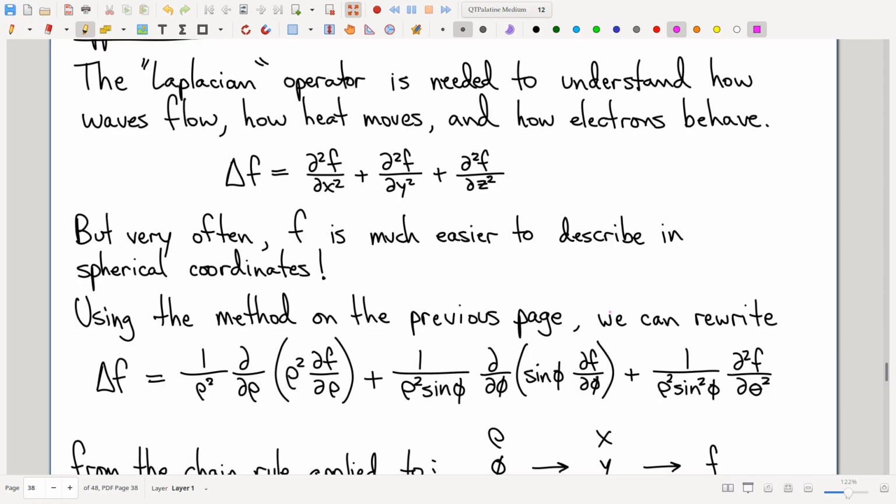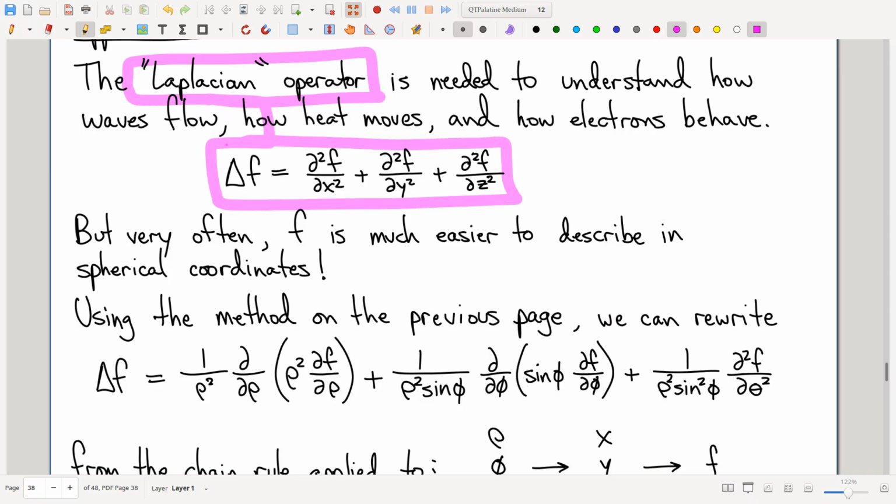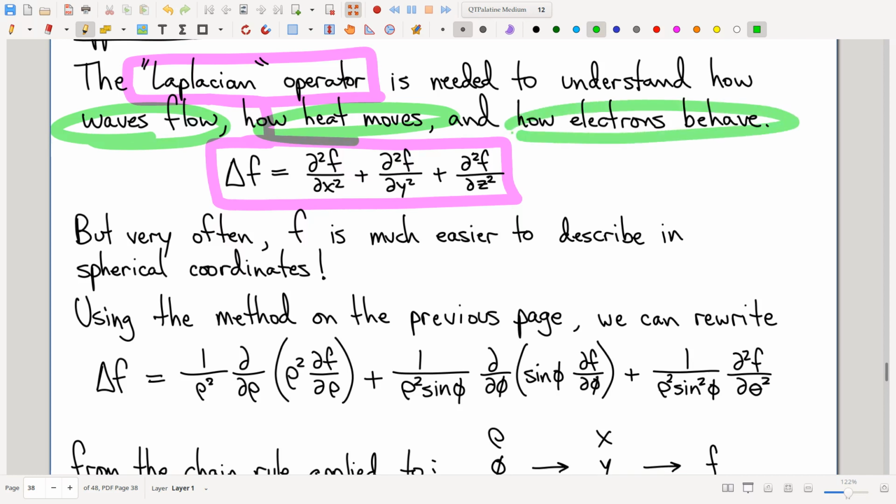There's this thing called the Laplacian operator. So this thing right here is called the Laplacian operator. It's shockingly important. Comes up in a lot of different places. If you want to write down the equations of waves or heat flow or how electrons behave, right?